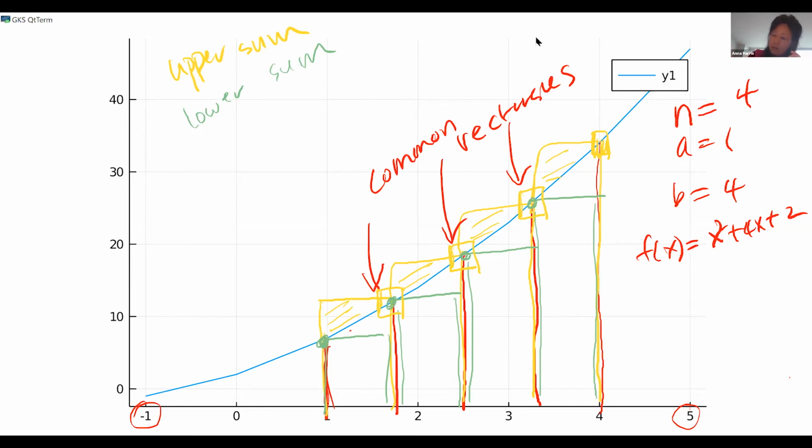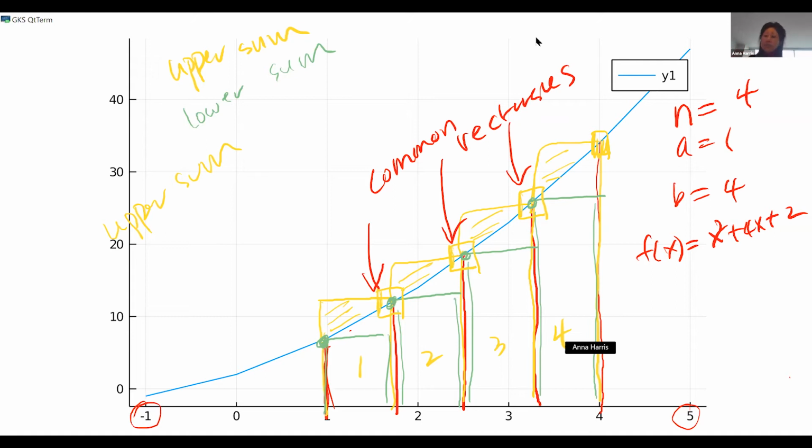So in other words, upper sum, I'm going to call it 1, 2, 3, 4.